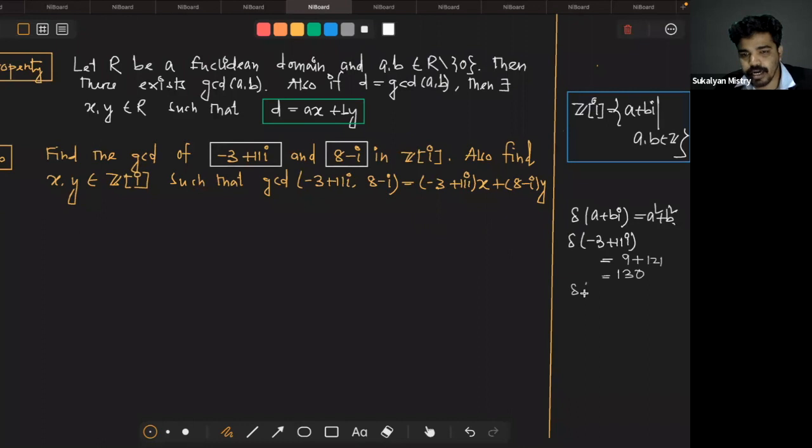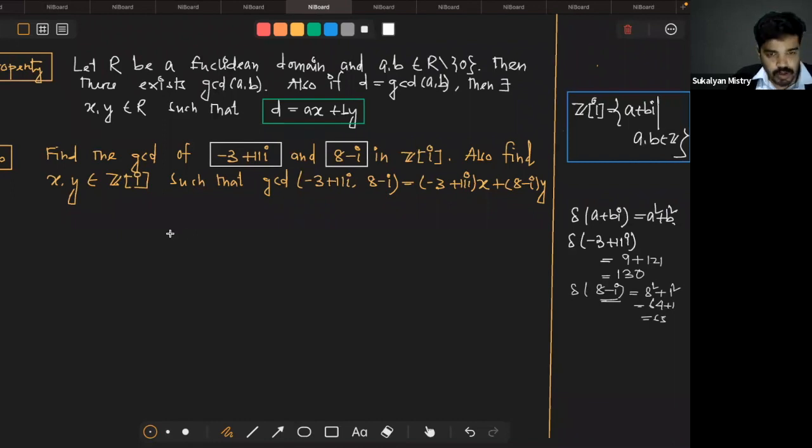And delta of 8 minus i: 8 square plus (-1) square, that is 64 plus 1, that is 65. So which number is smaller? 8 minus i is smaller, so I have to divide -3 plus 11i by 8 minus i. First you check which number is smaller and which is bigger, right?